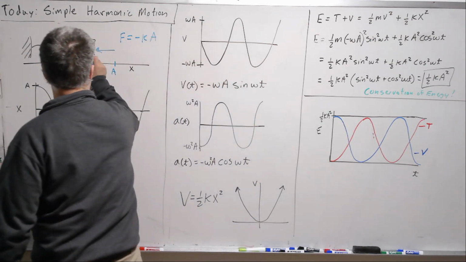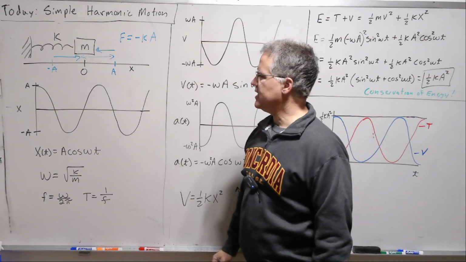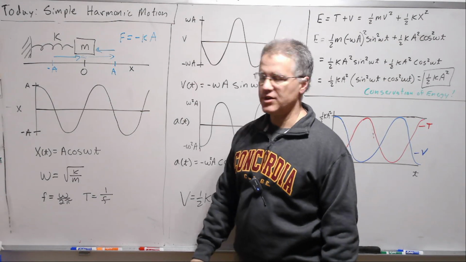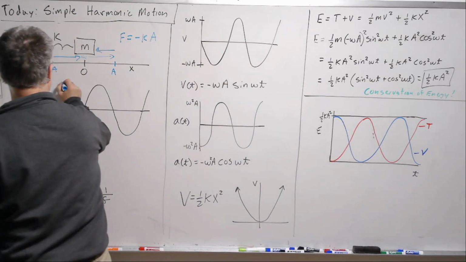And then it will decelerate through this stretch until it hits A, right where I let it go, and that's the turning point on this side. So these are referred to as turning points.